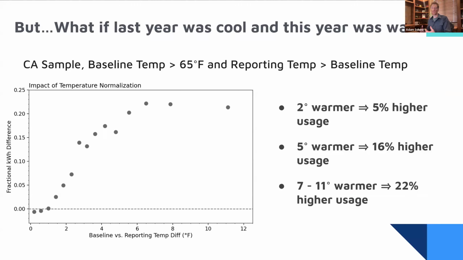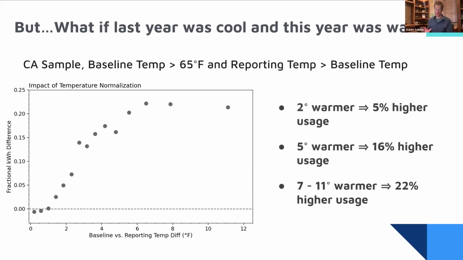So even if you had a month last year that was 2 degrees cooler than a month this year, you should expect that an average customer is going to use 5% more energy just from that 2 degree increase in temperature. If it's 5 degrees warmer, you can expect 16% higher consumption and so forth.